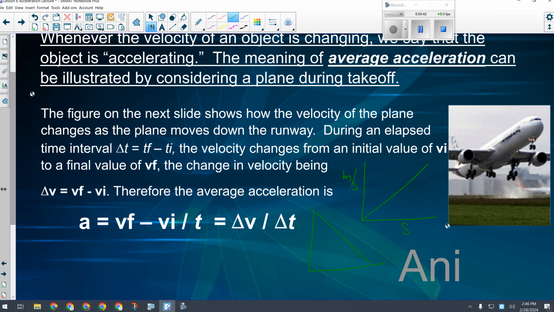Acceleration. Here's why. If we think back to graphing, this graph would have an equation that would look like this. Everybody okay with that? It's a linear function, so y equals mx plus b would apply. If I solve for m, it is going to be y minus b divided by x.